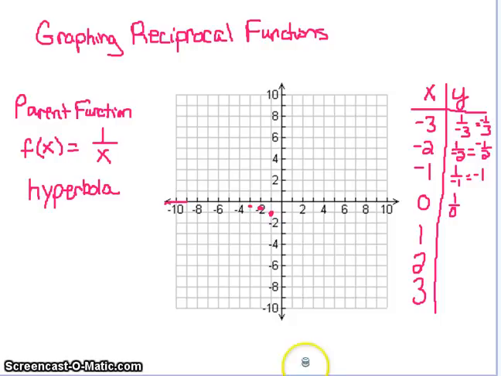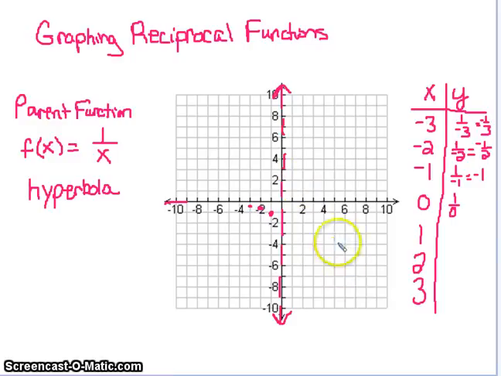What this asymptote means is that we are not going to be able to have a point at all where x equals 0. And my x equaling 0 is actually my y-axis. So there's going to be this line right here that we can get really, really close to, but we can never touch.